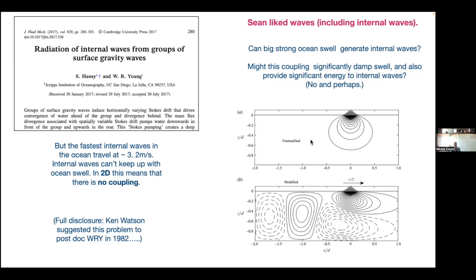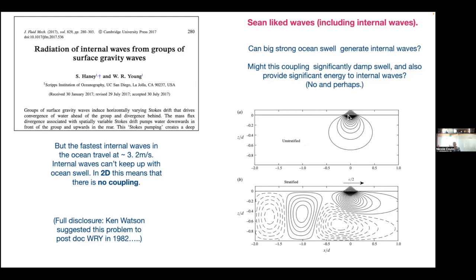This is a famous picture originally due to Michael McIntyre, which shows what happens in an unstratified ocean with no internal waves. You get a packet of surface waves at the top, and it has this infamous deep return flow. As the surface wave packet travels, it pumps fluid down at the front, it travels around in a deep return flow and comes back up at the back of the packet.